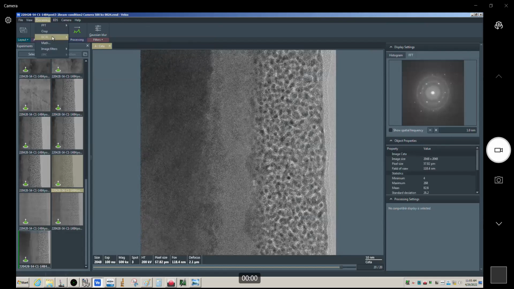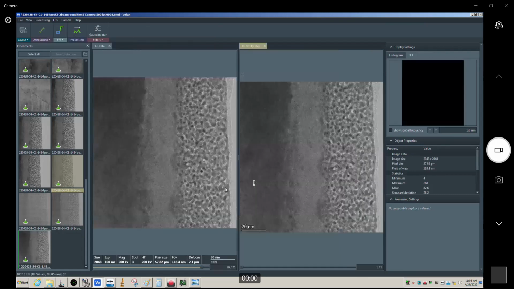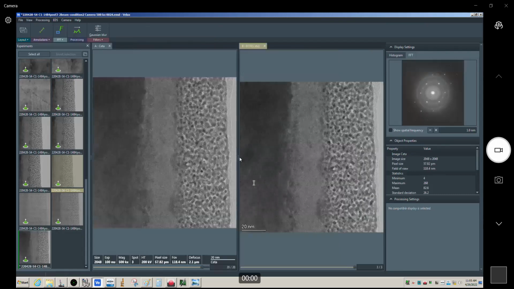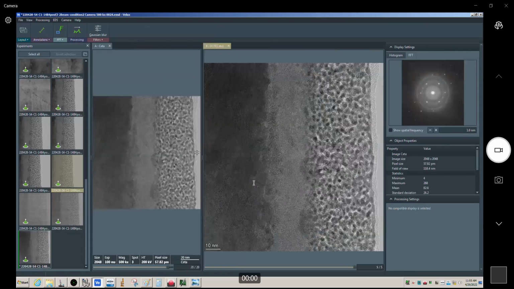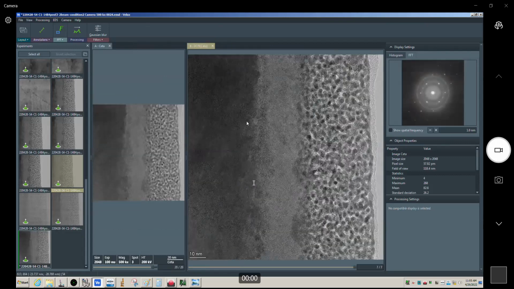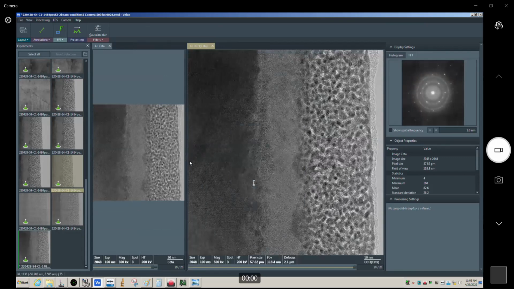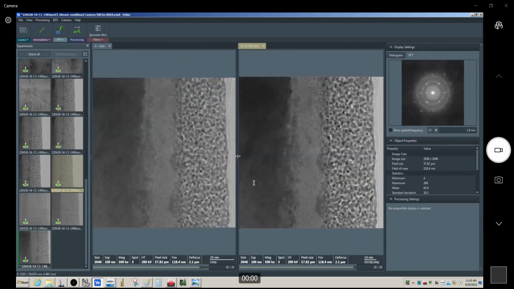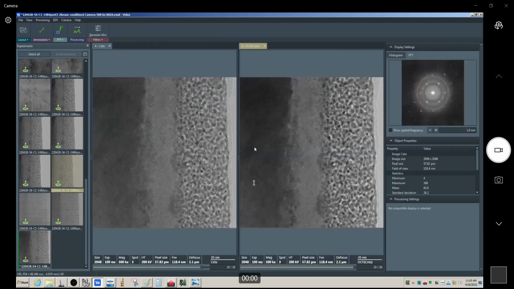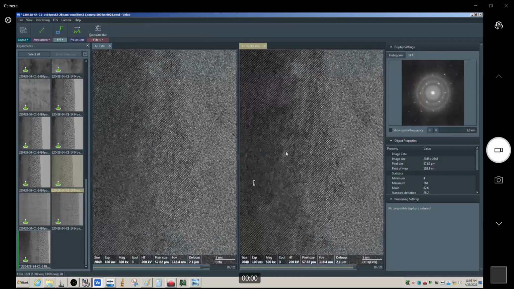All right, let's try it again. Yeah, so it's looking good now. It worked fine. Obviously, like most things, it works better when there's a lot of signal.